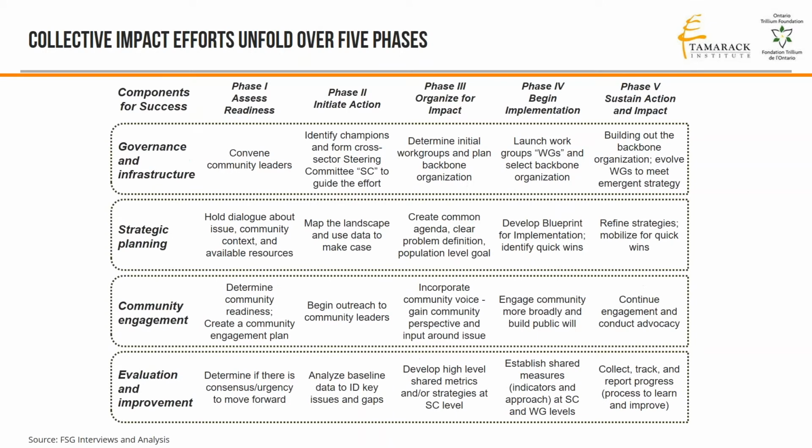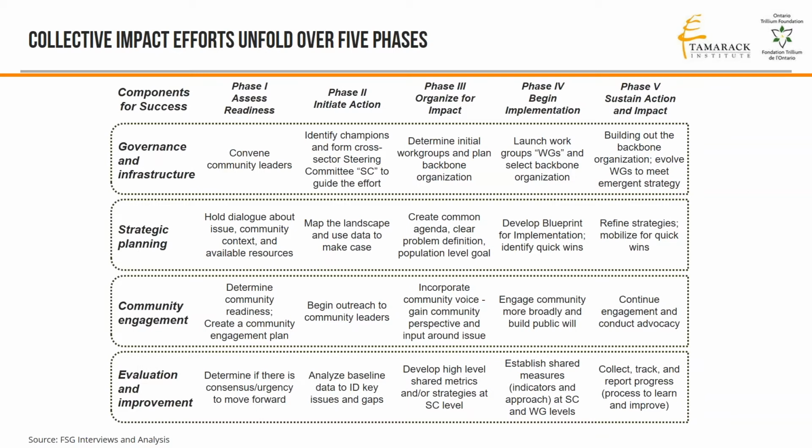So the 5 phases are detailed on this slide, and what's really interesting across these 5 phases are the components for success. The folks at FSG and others engaged in collective impact work say that even though we have the 3 preconditions and the 5 conditions, we've also got to think about, okay, we're bringing people around a table, we're talking to one another, we're going to be making decisions.